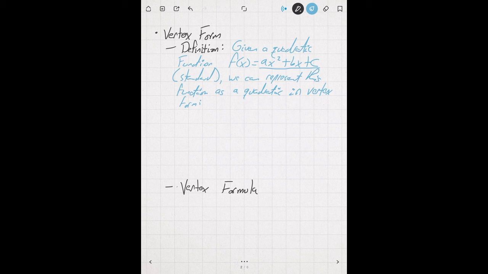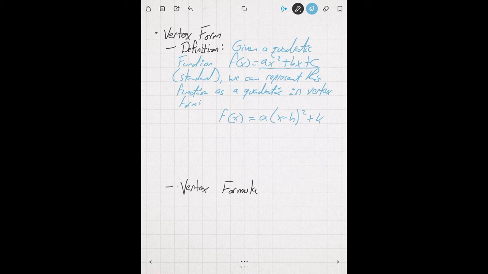What we have when we talk about vertex form is a function written in the form f of x equaling a times x minus h squared plus k. This is not something new to us. This is something that we've seen before when we explored how changing around a particular function also can manipulate the graph.